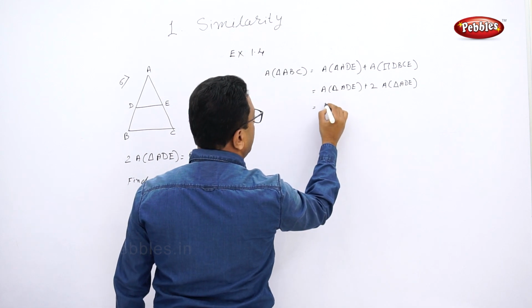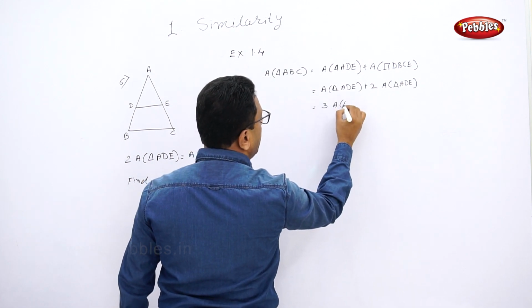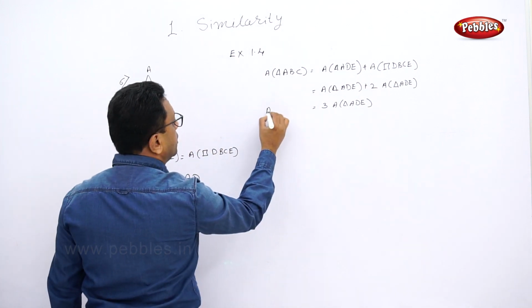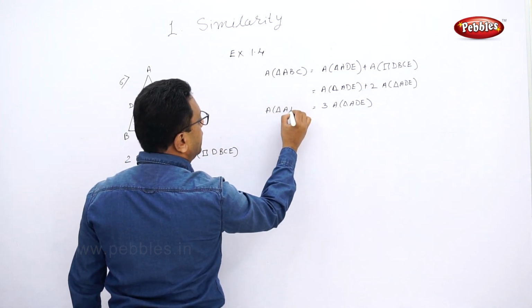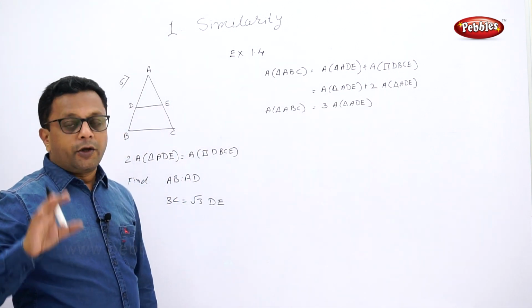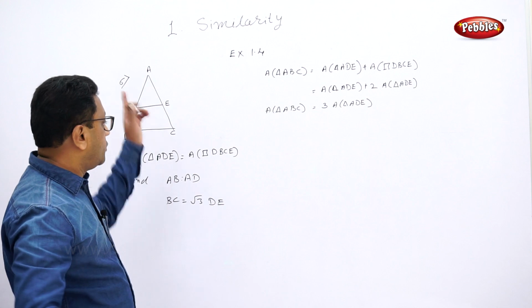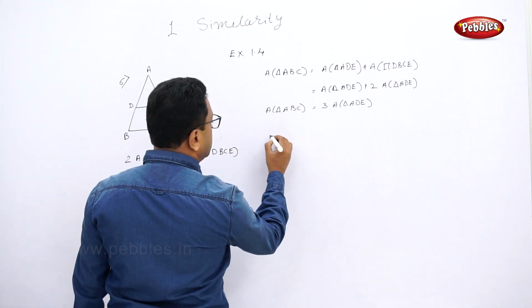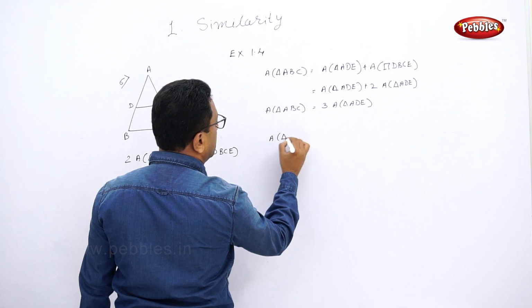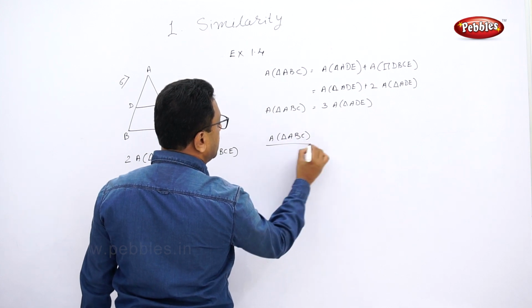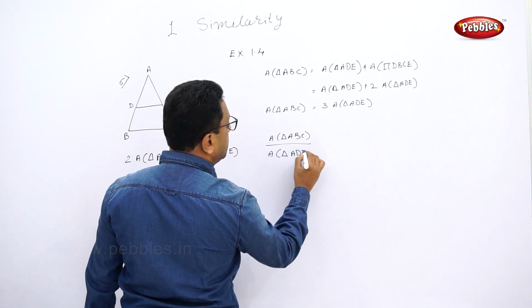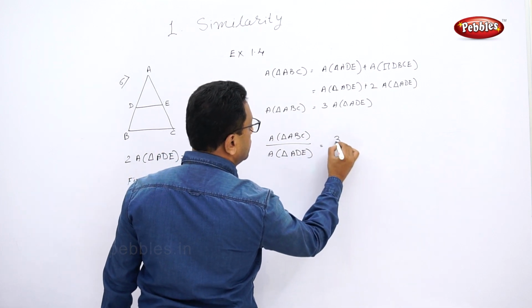And so we have thrice the area of triangle ADE is equal to area of triangle ABC. So now you have got the ratio of areas of two triangles, that is area of triangle ABC upon area of triangle ADE is equal to 3:1.